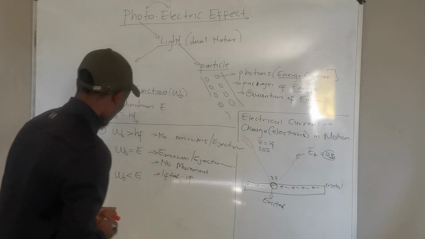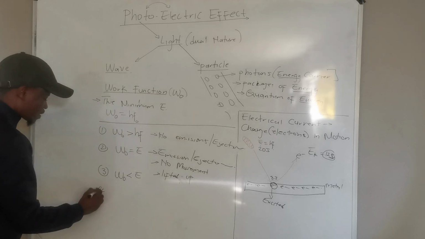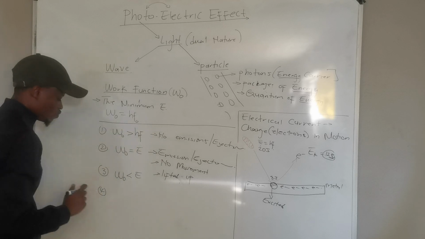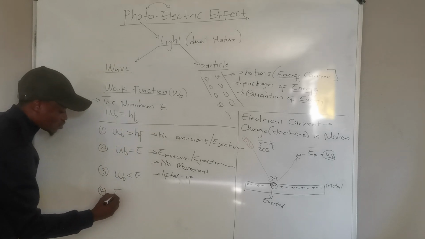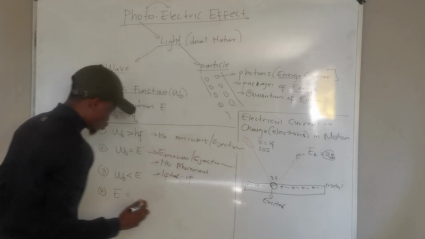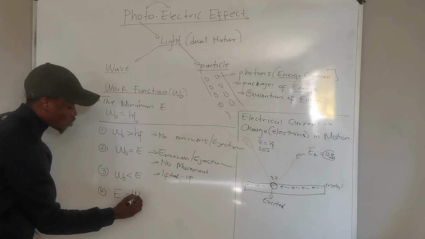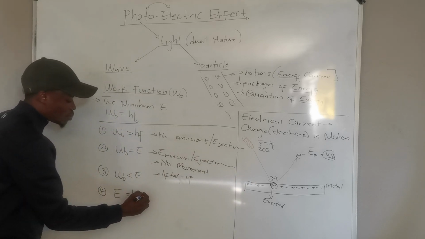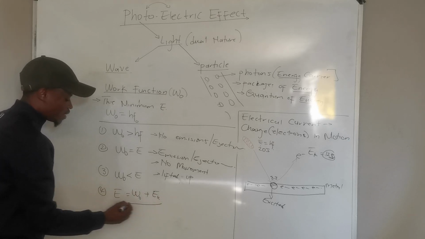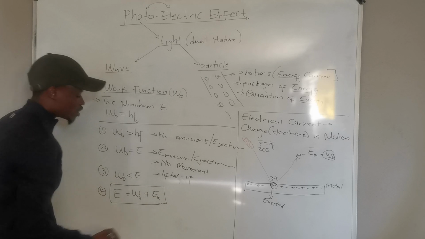Okay. Now, we are going to write that and give you a new formula. The energy of a photon, let's see how it is used here. It is used to, number 1, overcome the work function, plus number 2, to give the kinetic energy to the electron.